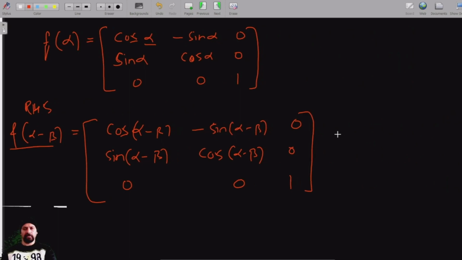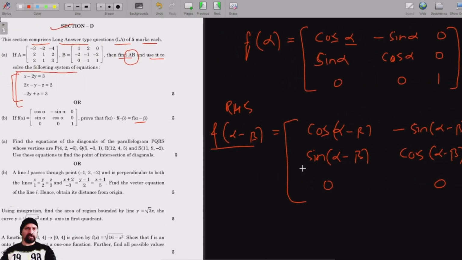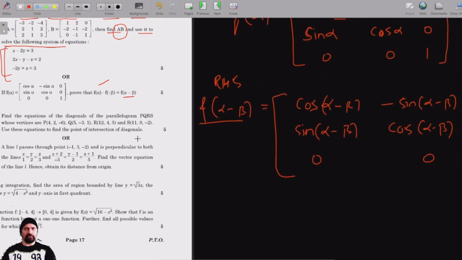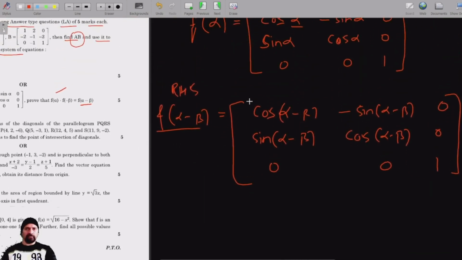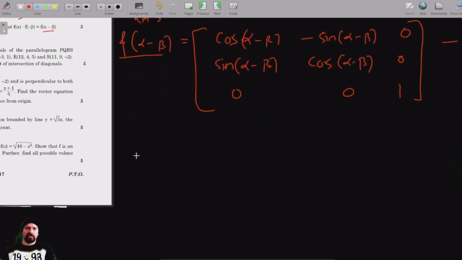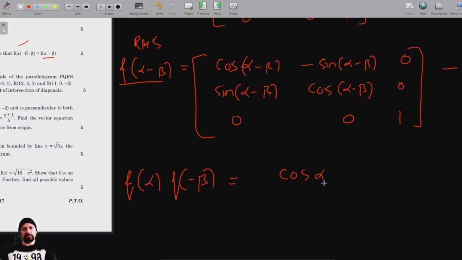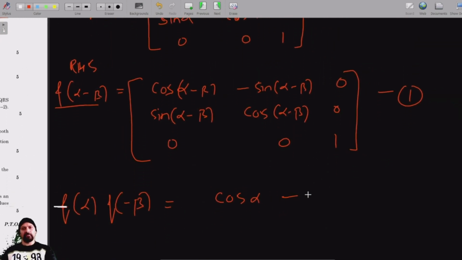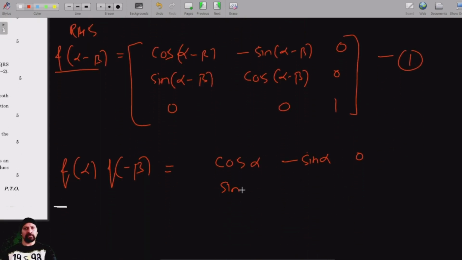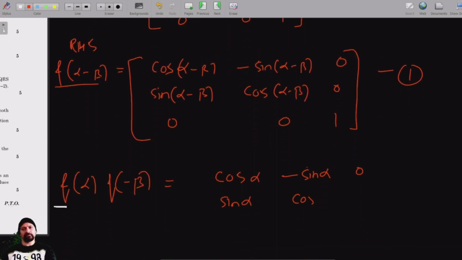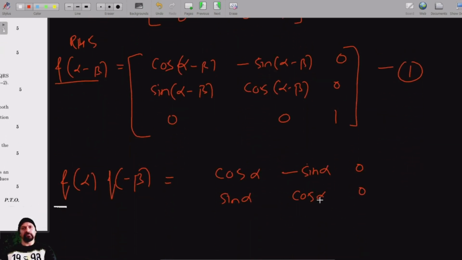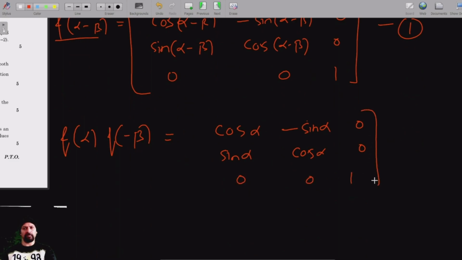Okay, let's keep it as a set of equation. Now let's multiply f alpha into f minus beta. So f alpha is given. f alpha into f of minus beta: f alpha is cos alpha, minus sin alpha, 0, sin alpha, cos alpha, 0, 0, 0, and 1.